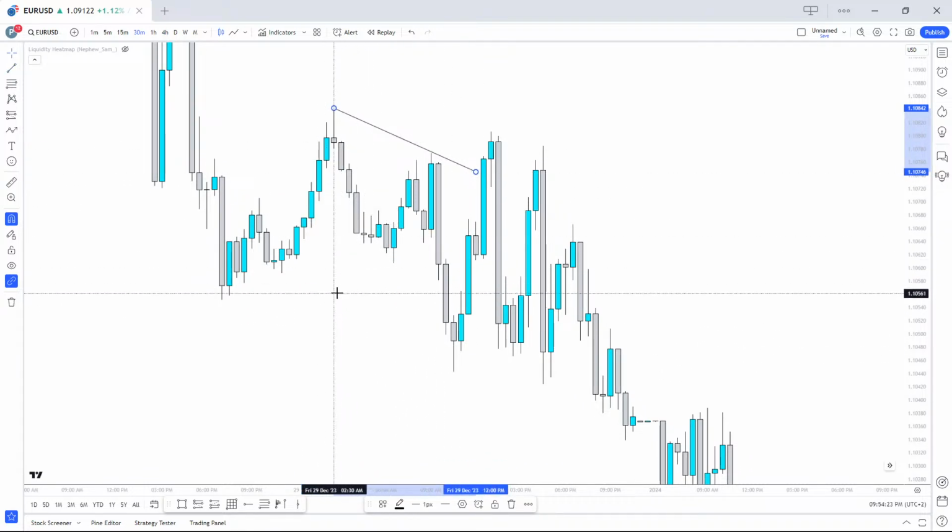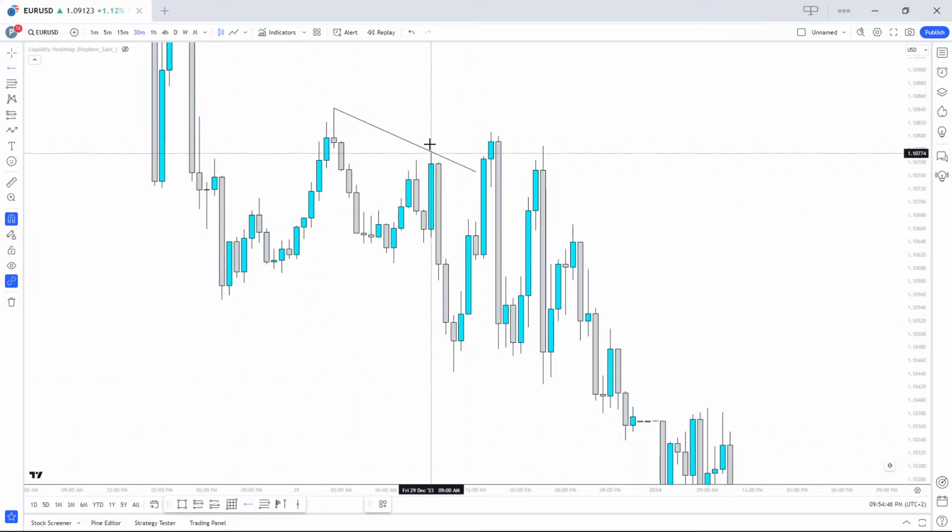Also for the lower lows, also following the trend. But this one gets taken out and it breaks structure.